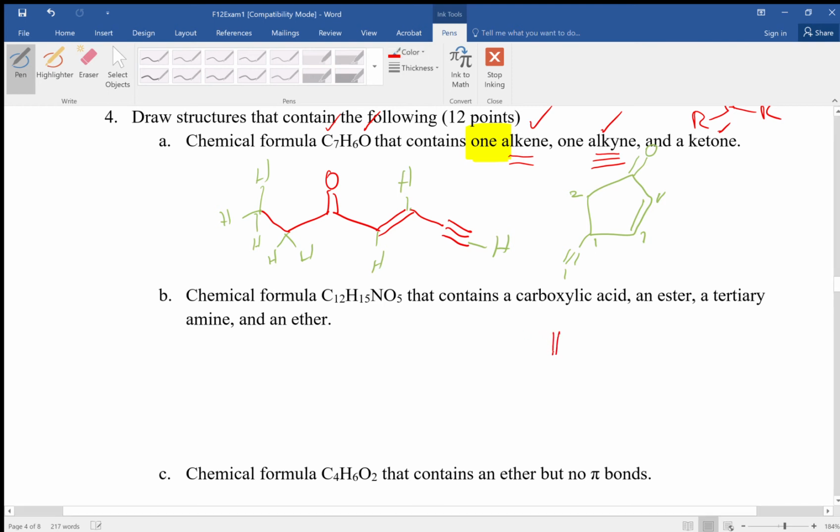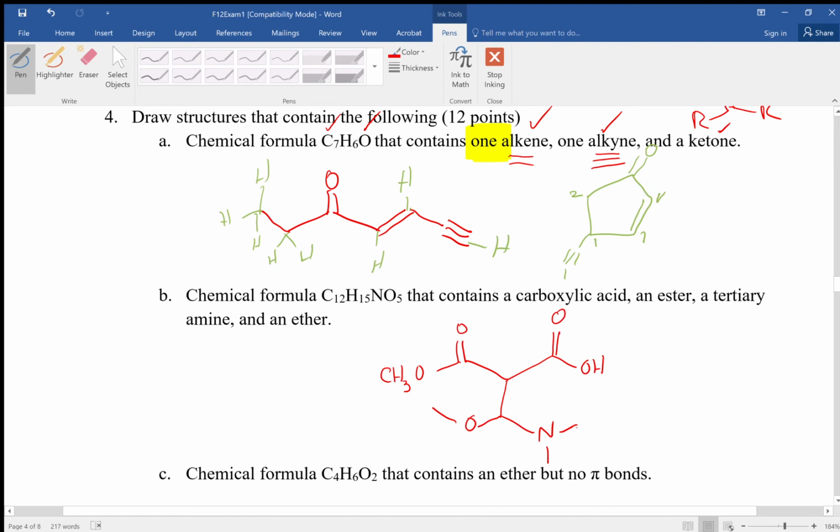So carboxylic acid, we need an ester, an ether, and a tertiary amine. Alright, but as we can see, I haven't come close to using all of my carbons. So far we've used 1, 2, 3, 4, 5, 6, 7, 8. We've got 4 more carbons to add in.